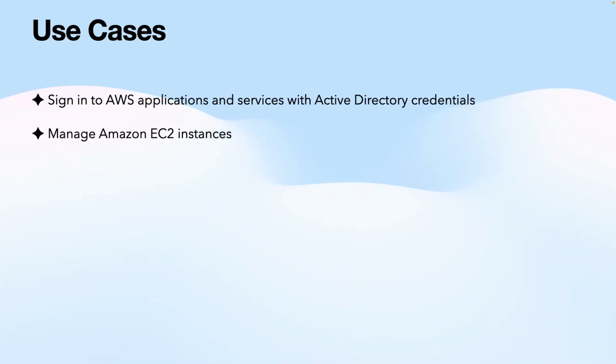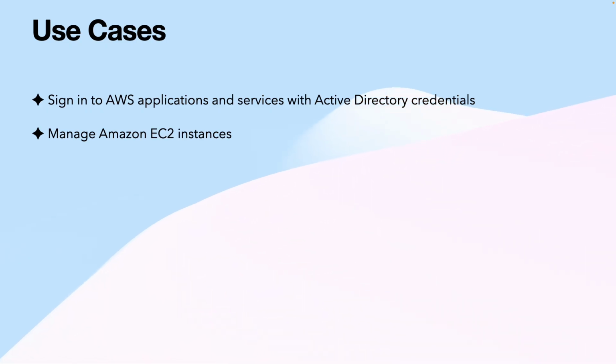Manage Amazon EC2 instances. Using familiar Active Directory administration tools, you can apply Active Directory group policy objects to centrally manage your Amazon EC2 for Windows or Linux instances by joining your instances to your AWS Managed Microsoft AD domain. In addition, your users can sign in to your instances with their Active Directory credentials.